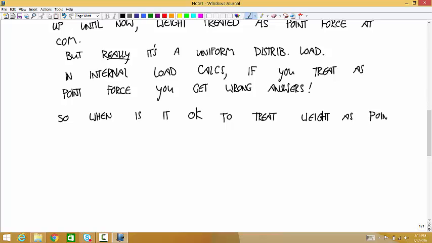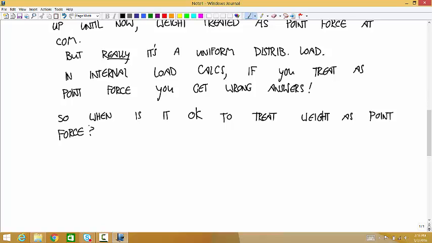Because even in these internal loads calculations, we're going to at some point have to treat it as a point force to do the calculations. That's why we did it before, because we couldn't do the calculations with weight as a distributed load. Okay, so you can treat weight as a point force once you've chosen the body to isolate, but not before.